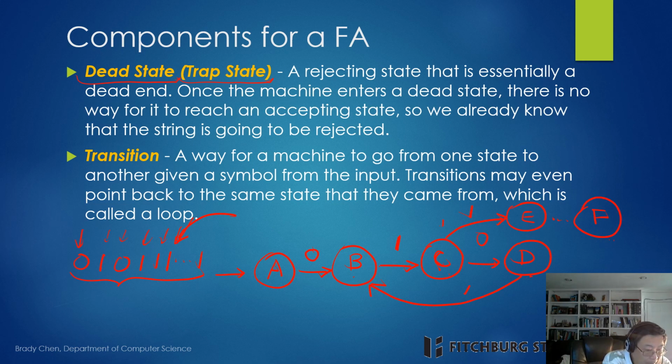Now, when we reach a state F, for example if we reach the end, it's a dead state. However, now we reach a rejecting state.